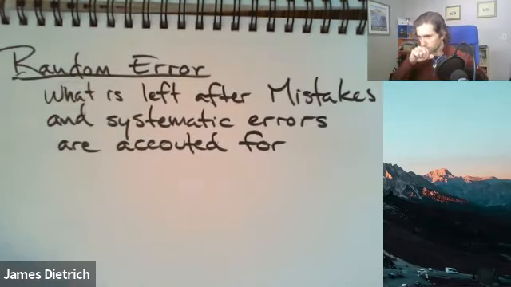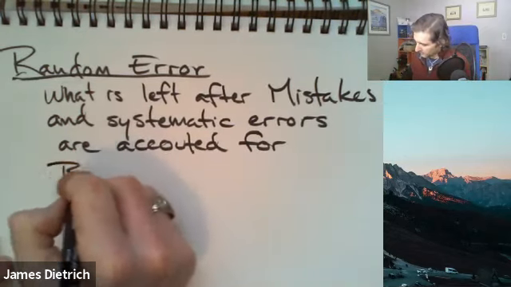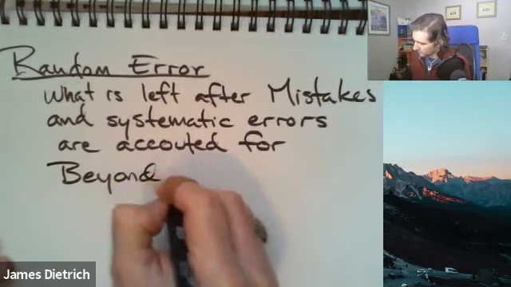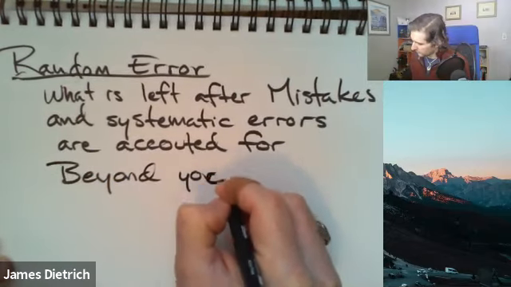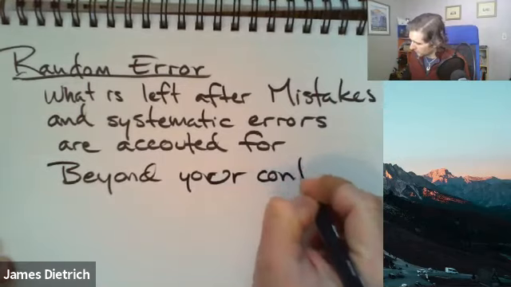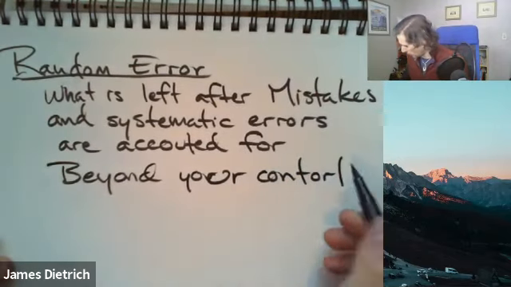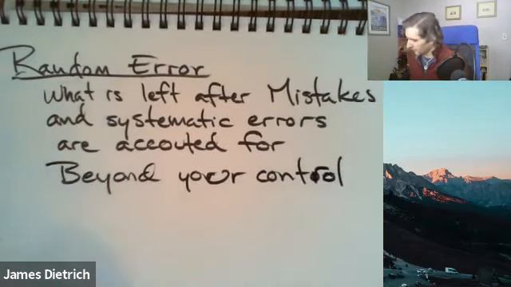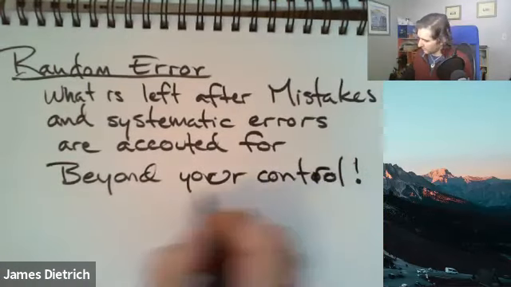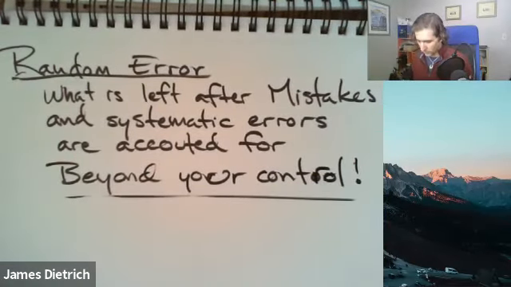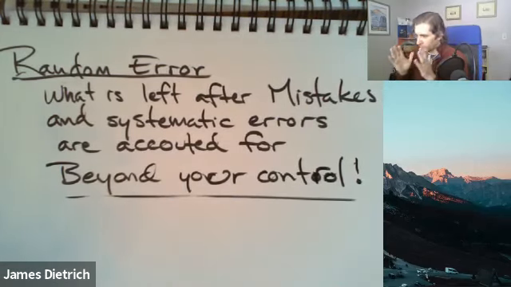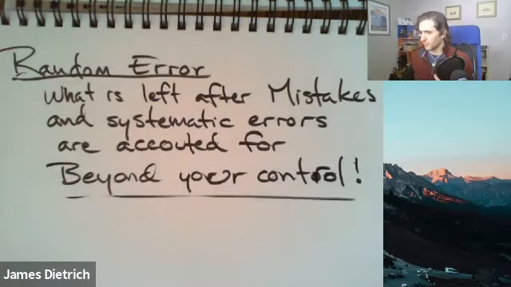So random error is beyond your control. Again, it will exist no matter what. And no matter how accurate, how careful you're measuring and how precise you're measuring, there's always going to be a certain amount of random error in a data set.